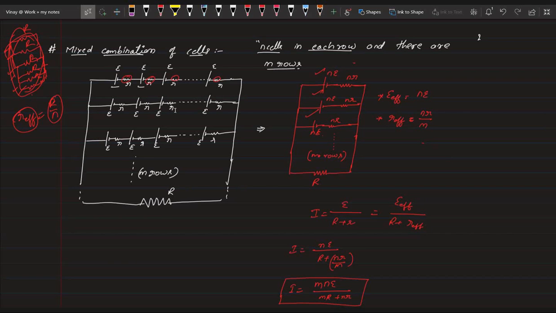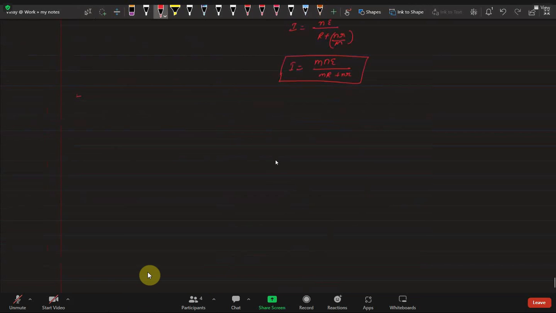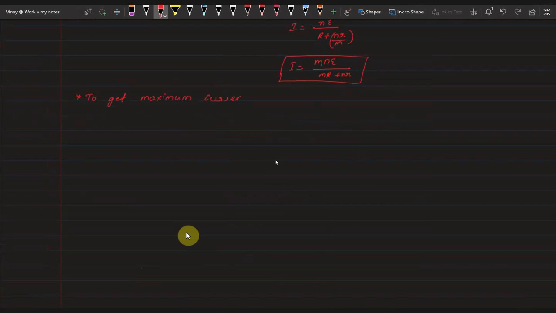In the previous concept, the condition for maximum current was capital R equal to small r. So in the same way, here capital R and small r are in the denominator. What might be the condition? Just think.